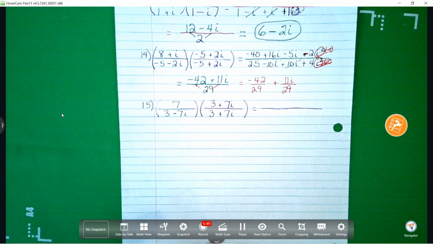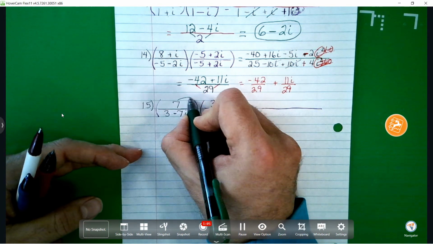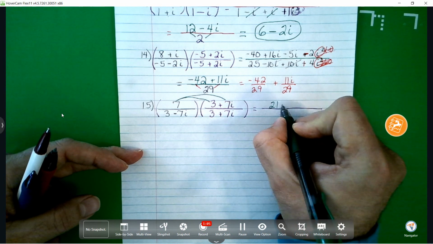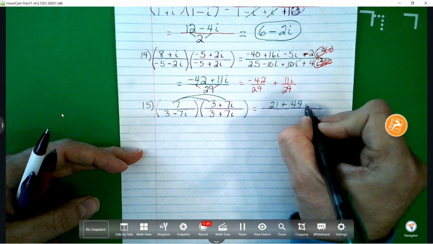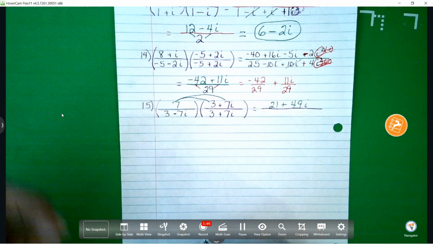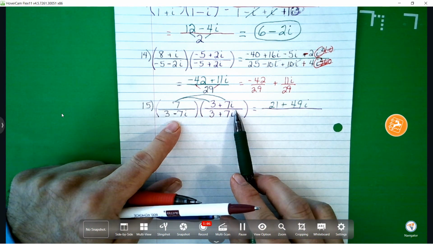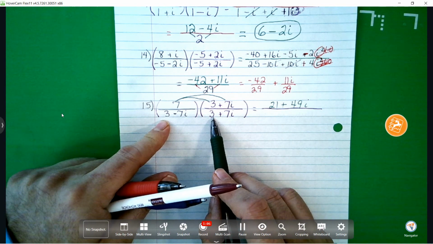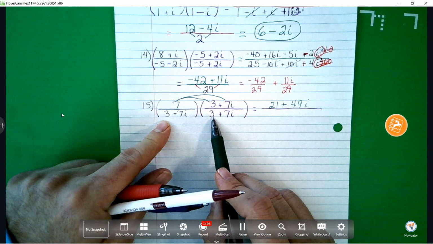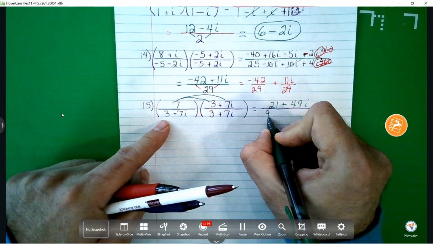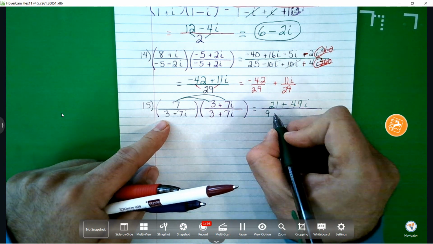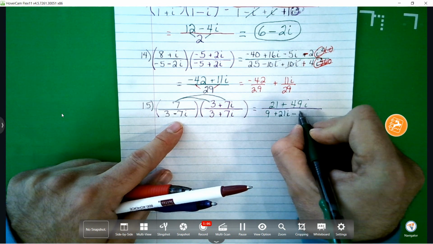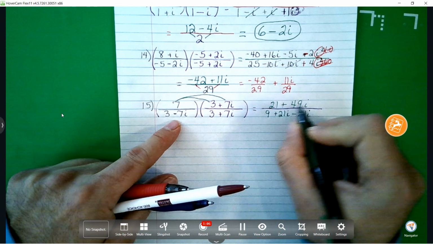So let's see. Well, up on top, that's not bad. It's 21 plus 49i. On the bottom, this is where we're multiplying conjugates, so you can expect the outer and inner terms to subtract out. We'd have a 9, and then a plus 21i. First, outer. Inner is a minus 21i.